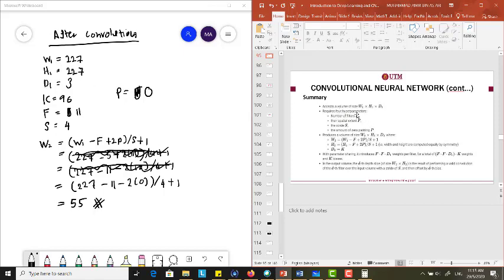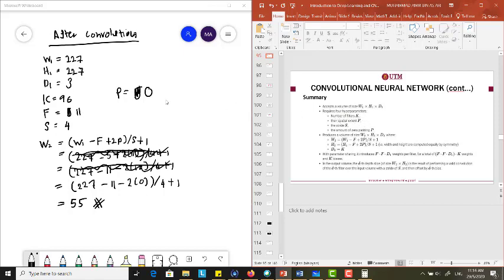And then K represents the number of filters. That convolution involves 96 filters, so that's why your K equals 96. And then what is F? F represents the filter size.